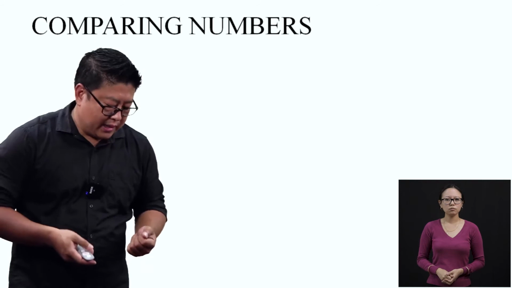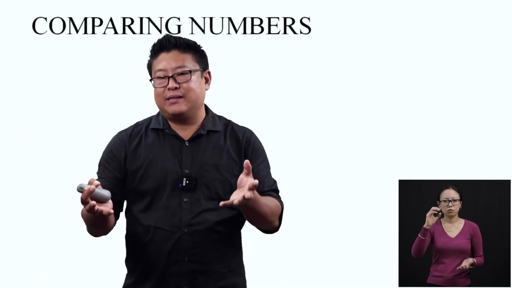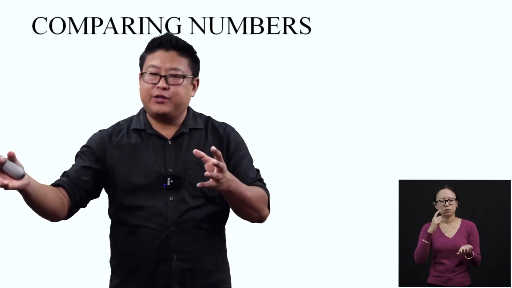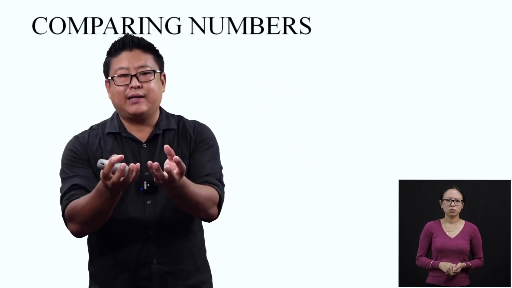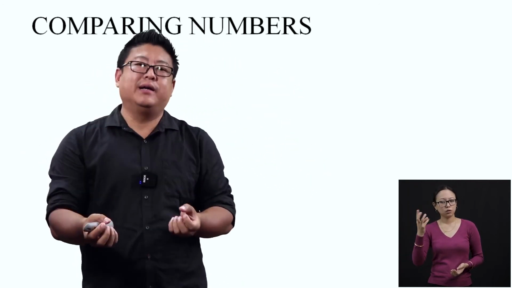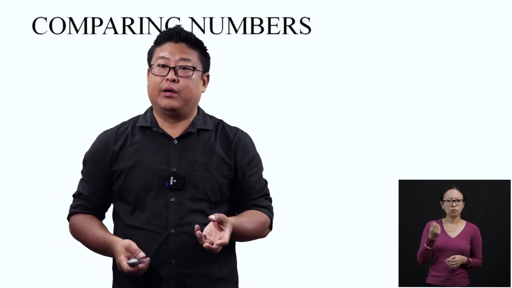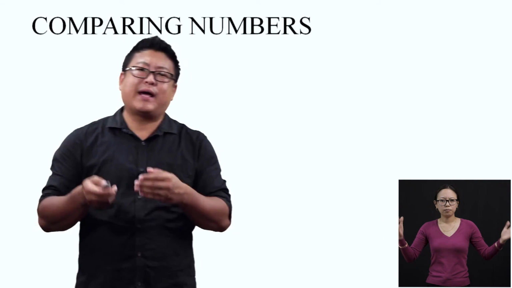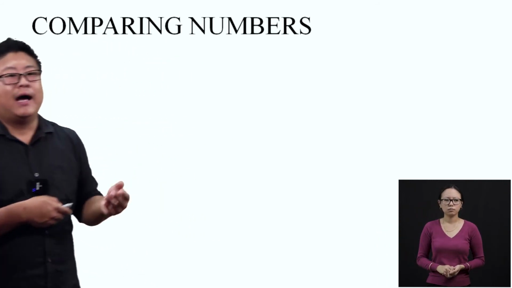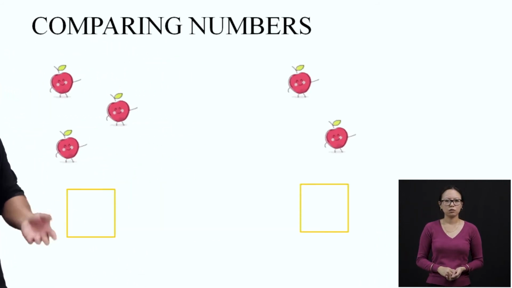Comparing numbers. Comparing means bringing one number and another number together and checking which one is bigger or which one is smaller. All right. Before we move on to numbers, let's look at some objects. We'll try to identify some objects and compare them.